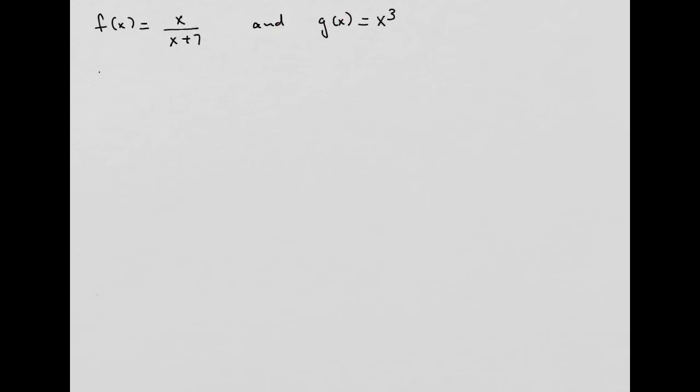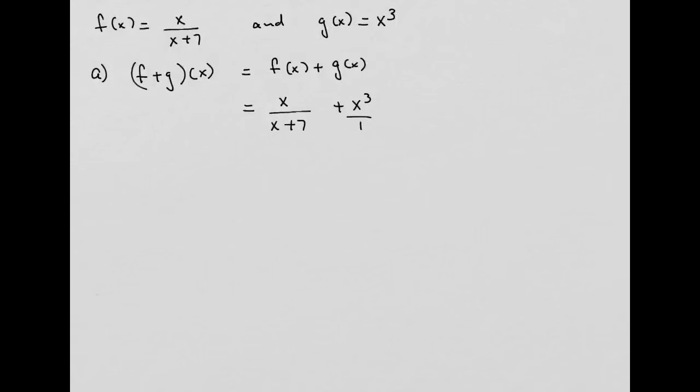Our final problem has two parts, which is f plus g of x, which is just the sum of two functions, because this is the same as f of x plus g of x, and that becomes x over x plus 7 plus x cubed, which is like x cubed over 1.